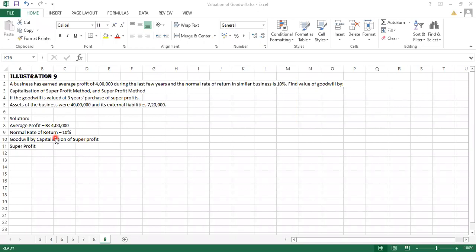So the goodwill by capitalization of super profit will be, then we will find out first the capital employed, which is equal to assets minus outside liabilities.